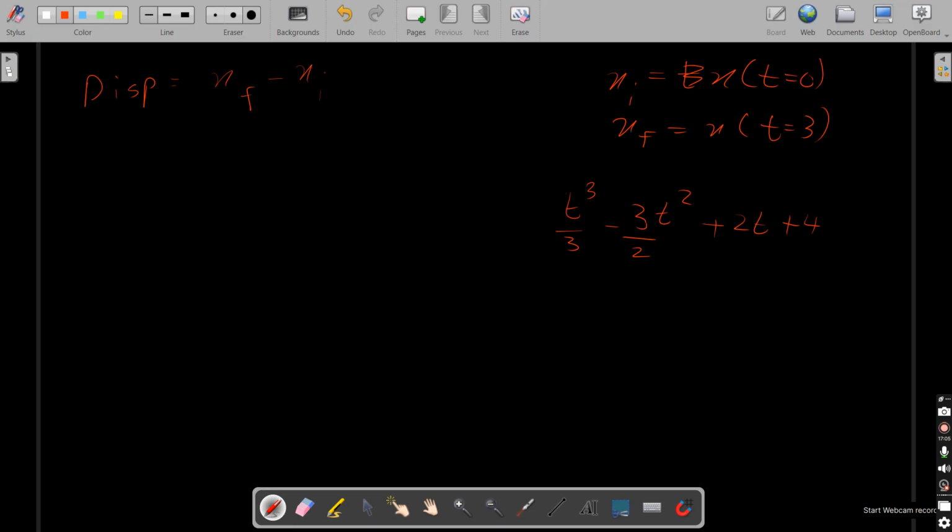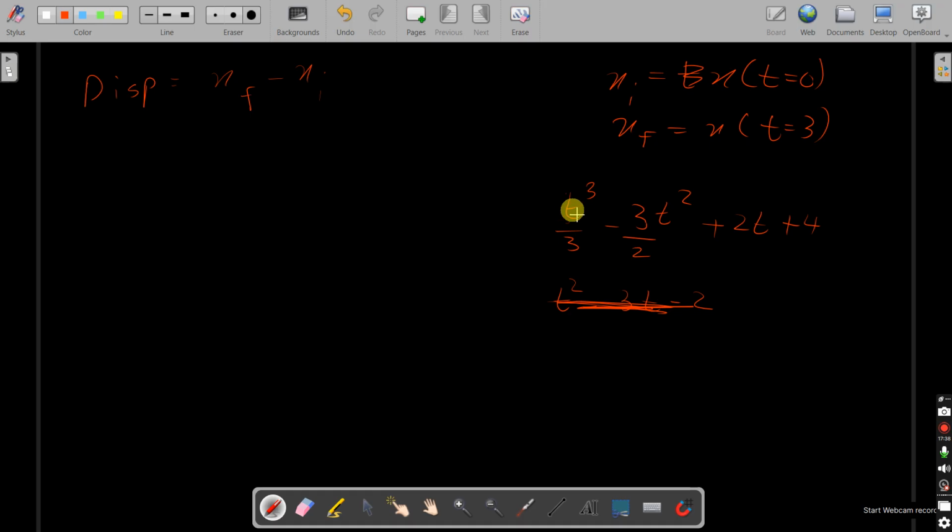So we have to substitute t equal to 3 if we have to find x final. We have done this question. Now we don't have to differentiate, we have to find its position, not velocity.